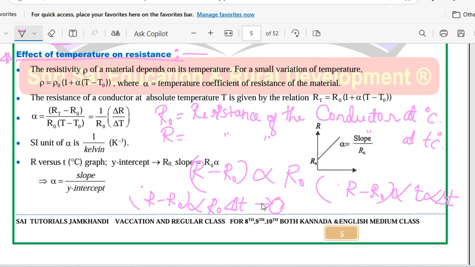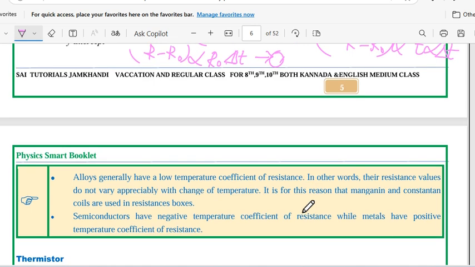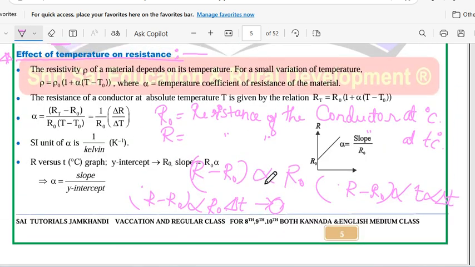If you want to remove the proportionality constant, R minus R naught is equal to alpha, the proportionality constant, into R naught into delta T. This is equation number 2, where alpha is the temperature coefficient of the resistance.